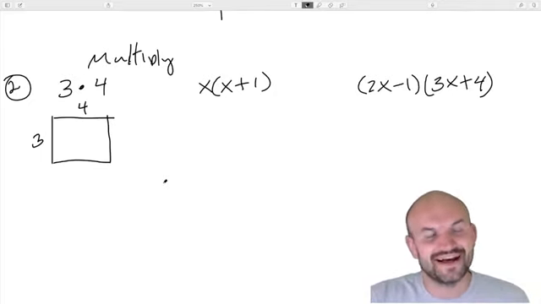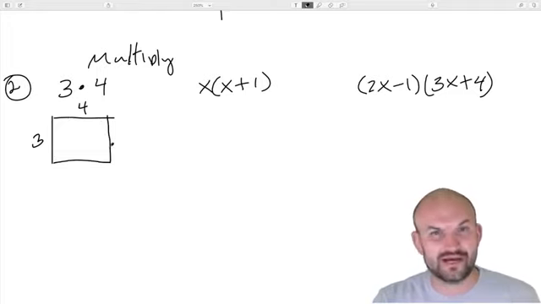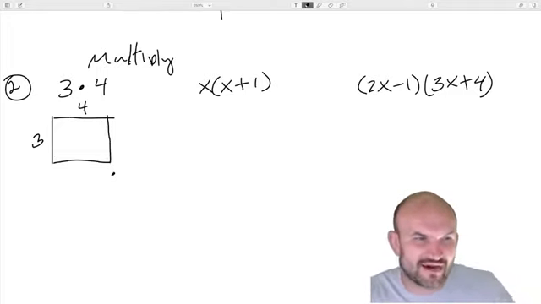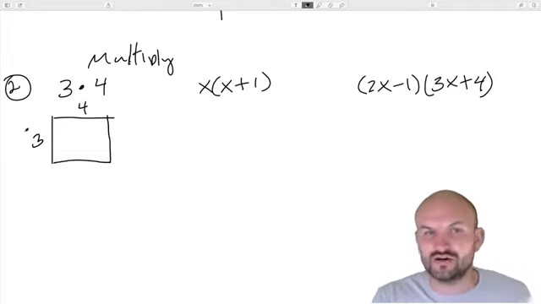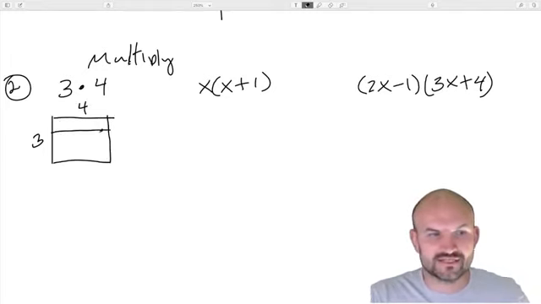Obviously, I did not. And then sometimes we also have looked at it as finding the area, right? Because if I had a length times width, we know that would give us the area. But sometimes it's hard to understand how area fits in with the multiplication of two numbers. So if I had 3 here, we could call this 3 rows, and if I have 4 here, we could represent this as 4 columns.